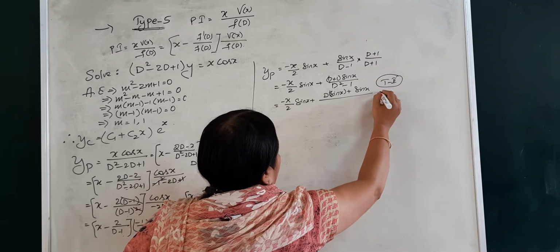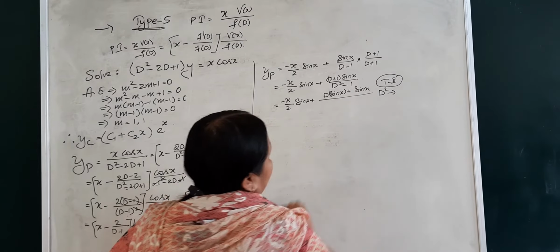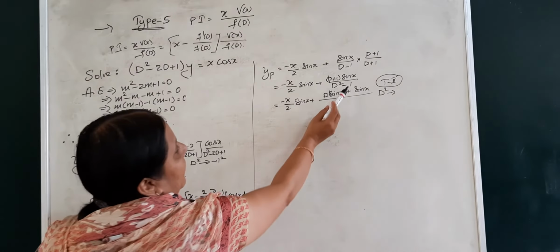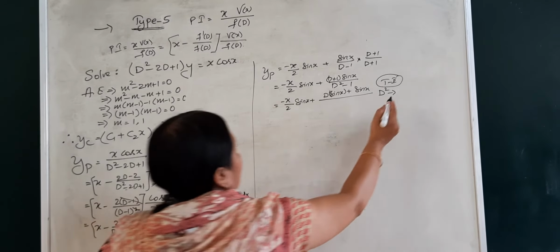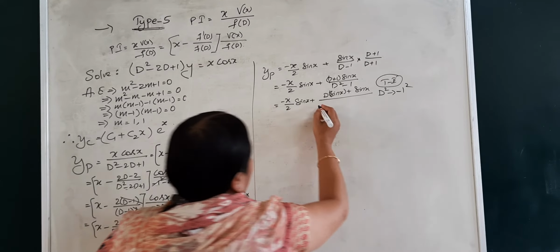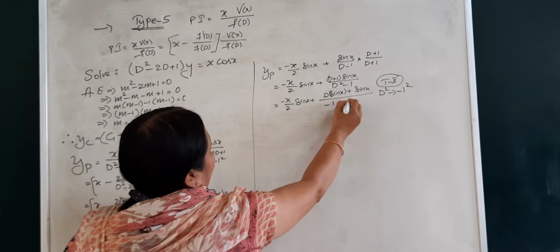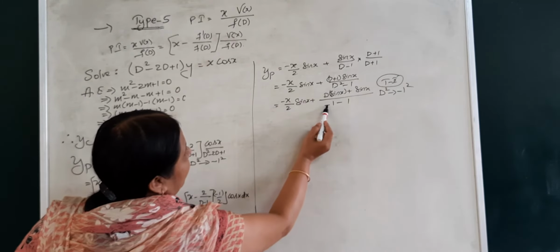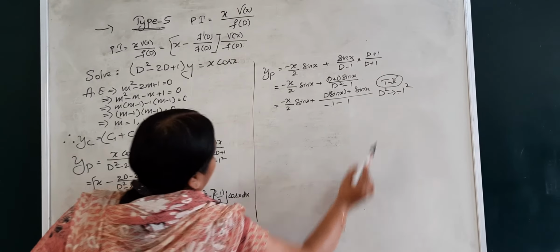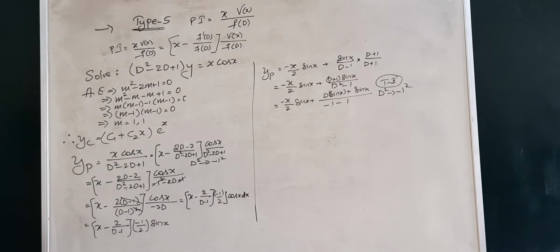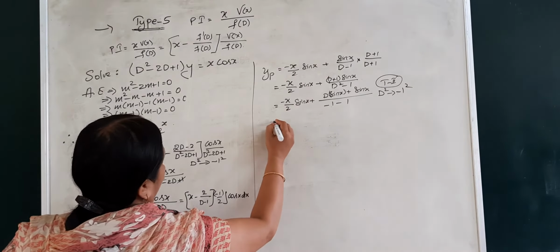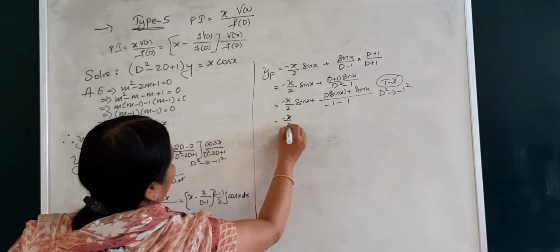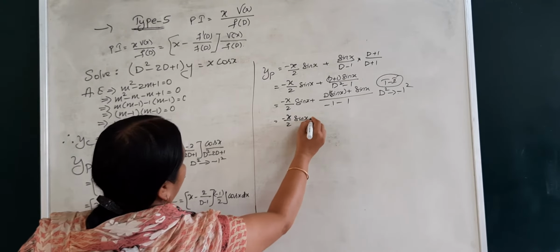The type 2 says D square has to be replaced by minus a square, and my a here is 1, so it's going to be minus 1 square, that is minus 1 minus 1. Okay, D square is replaced by minus 1 square. Don't make negative sign positive. Negative sign is outside the square, so it will not become positive. Minus x by 2 sin x is as it is, no change.